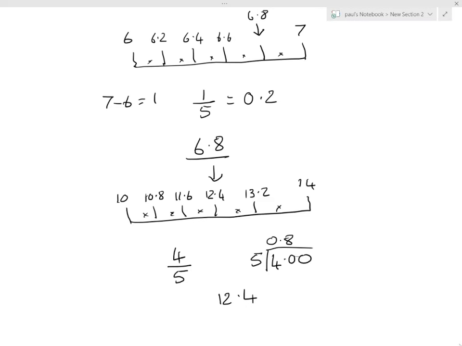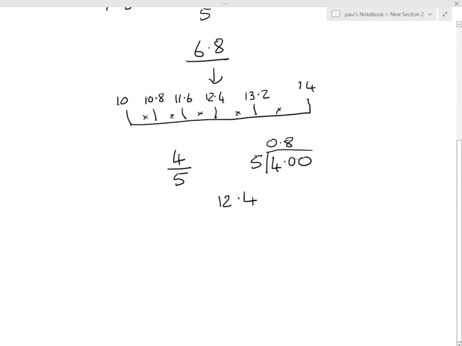Now, inequalities is the other part of this, and we use some symbols. Now, 3 equals 3. That's okay, that's pretty obvious, isn't it? But 3 does not equal 4. So there's another symbol that we might see later on. Now, the inequalities symbols are this one, which is more than.